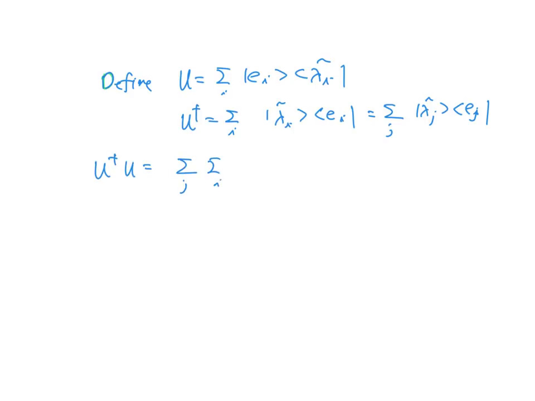J I, lambda J, E J, E I, lambda I. And we have just shown that these are orthonormal vectors. So when I and j are different, it is 0. And when I and j are the same, it is 1, right?